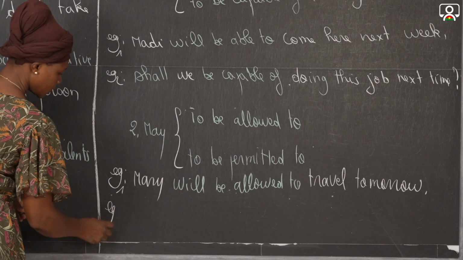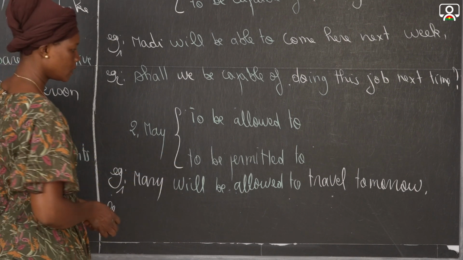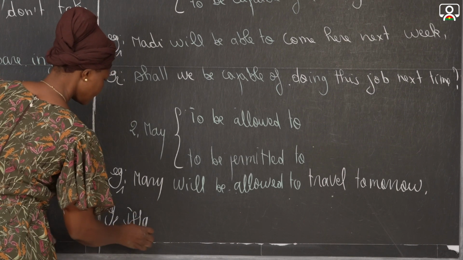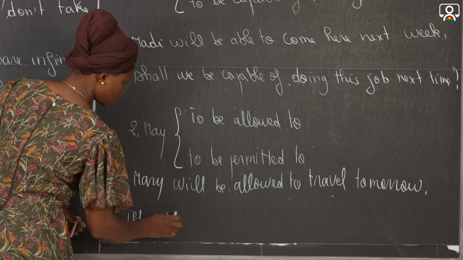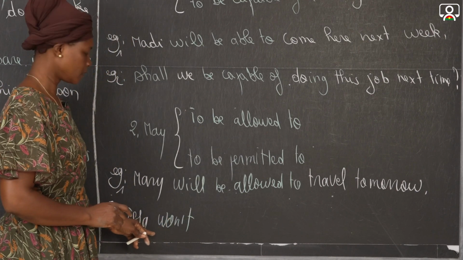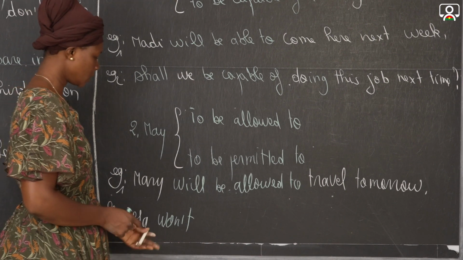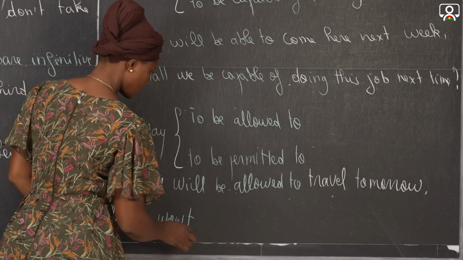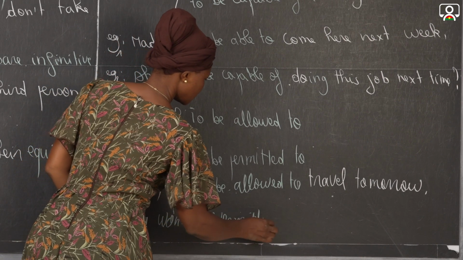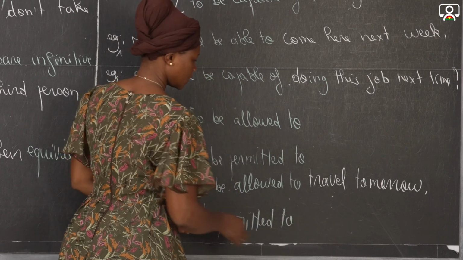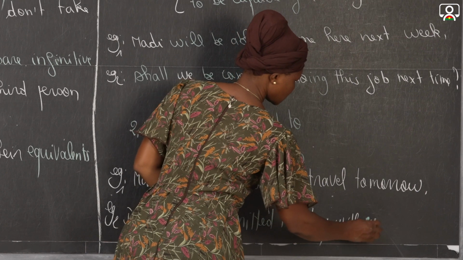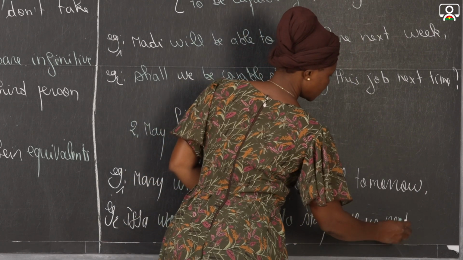A second example with the second equivalent. Isa won't, which is the contracted form of will not. So in the negative form, Isa won't be permitted to stay with us next time.